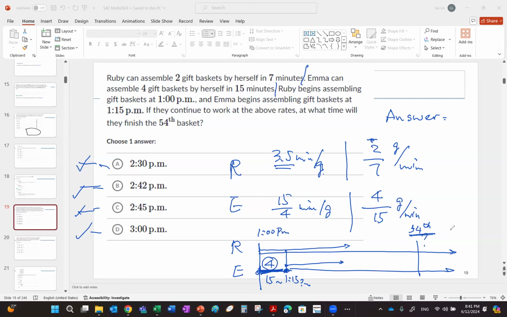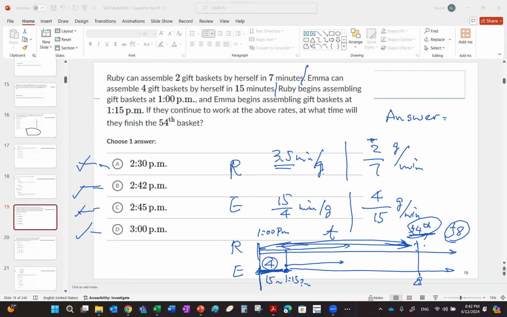The translated language here means if Emma began at 1 o'clock, at the same time, this one will finish 58, right? So both of them together finish 38. We don't know how much total time is spent here. If we know how long is spent here, we can get this time, right?